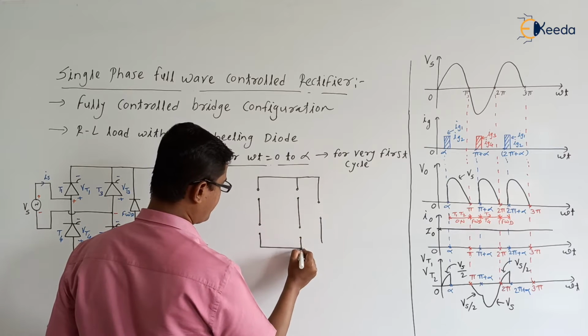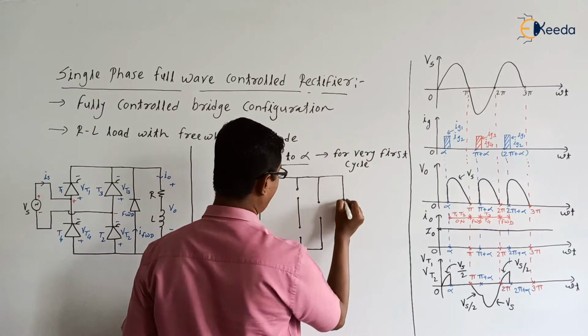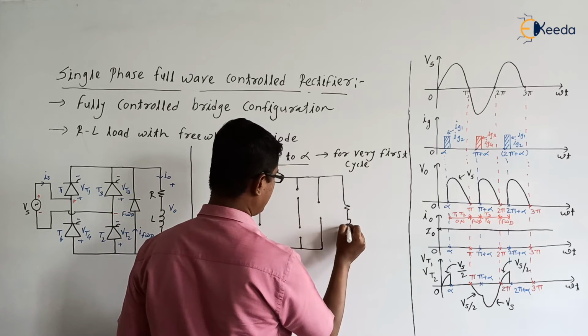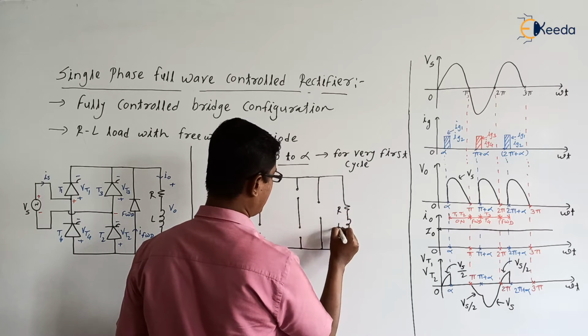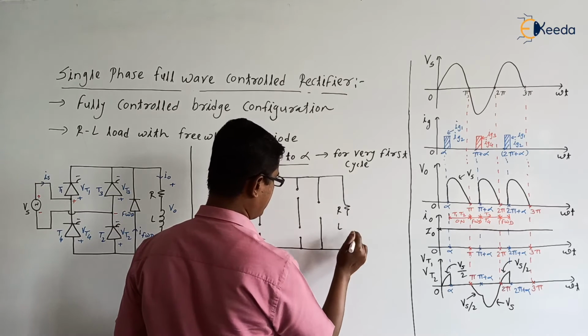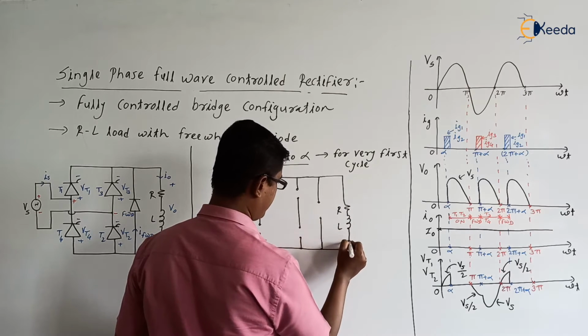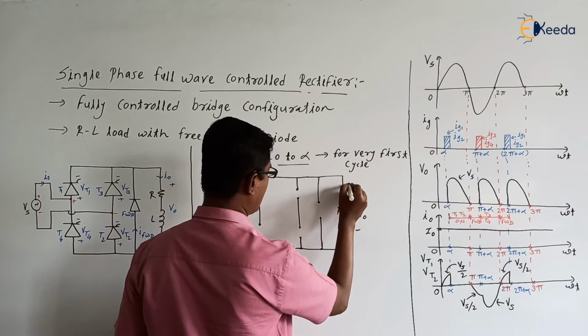Freewheeling diode, as the supply is not connected, will be in the blocking mode only. RL load. This is V0, this is I0.